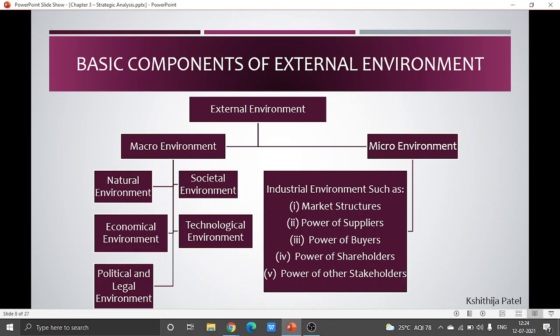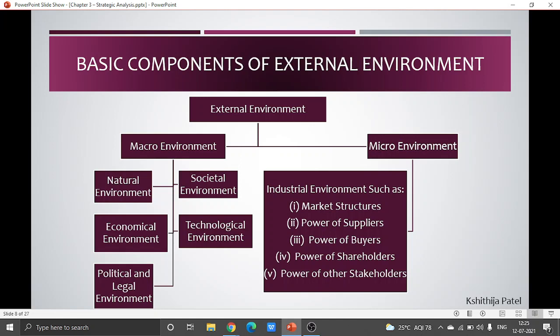Now, business and consumer laws also shape the business environment. If business laws are appropriate and as per international norms, then it would ensure enforceability of contracts and thereby provide favorable conditions for business.